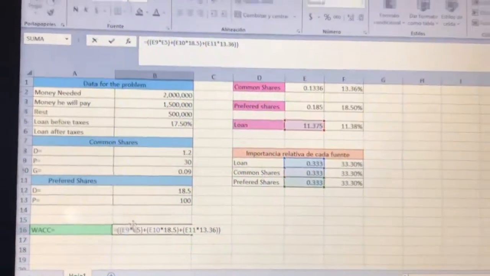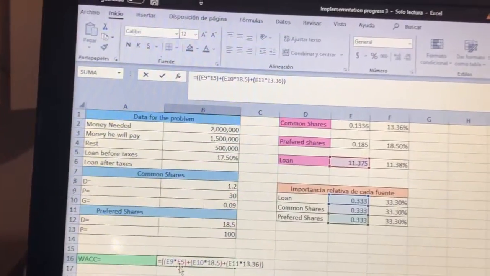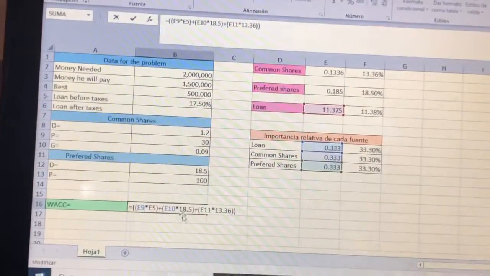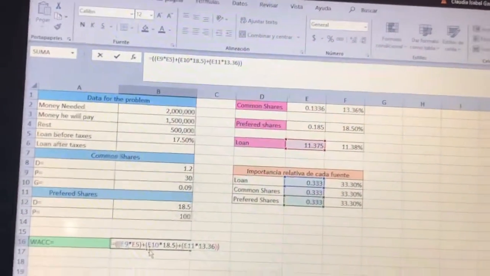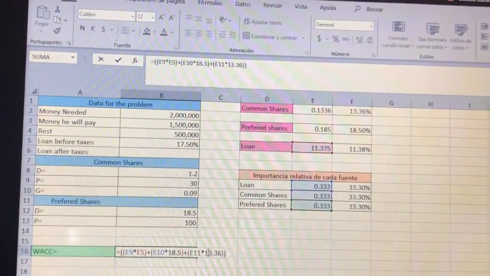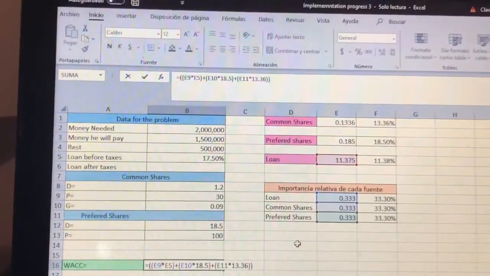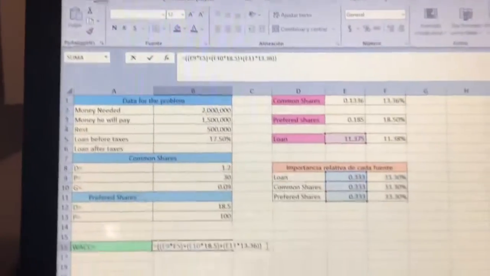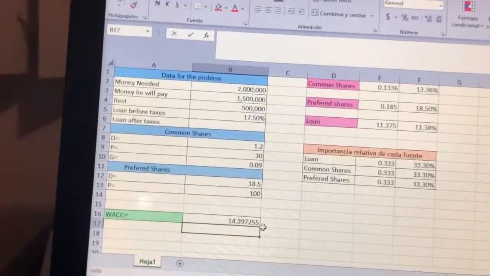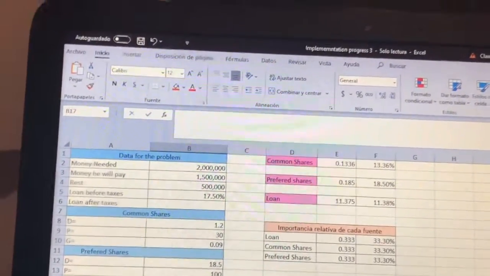So it's going to be 0.33 times 11.38, adding 0.33 times 18.50 plus 0.33 times 13.36%. So this result is going to be 14.39%, and there is how we get the cost of the various sources.